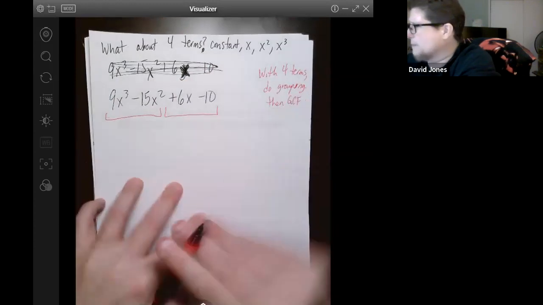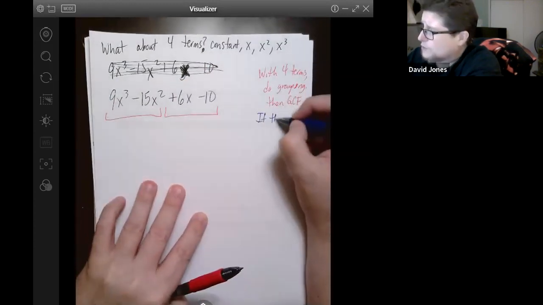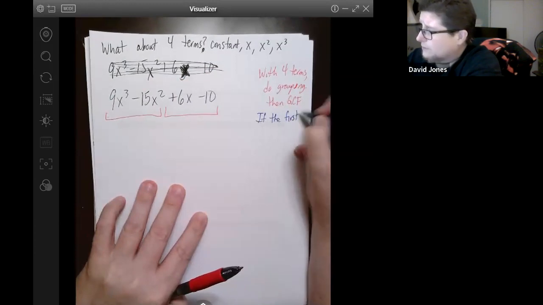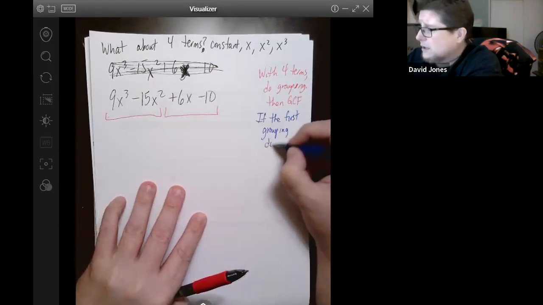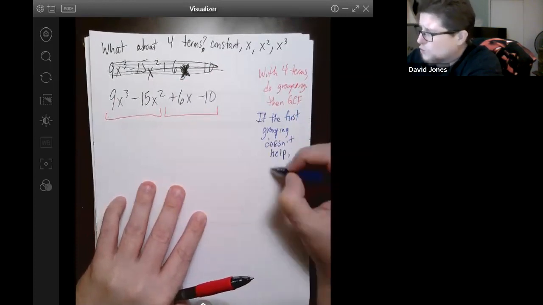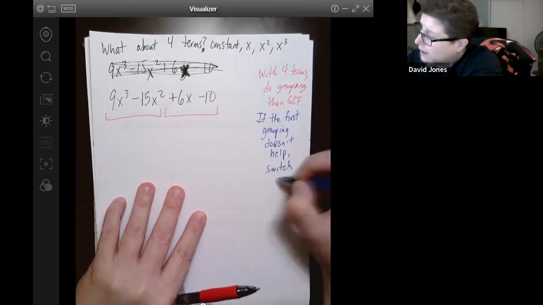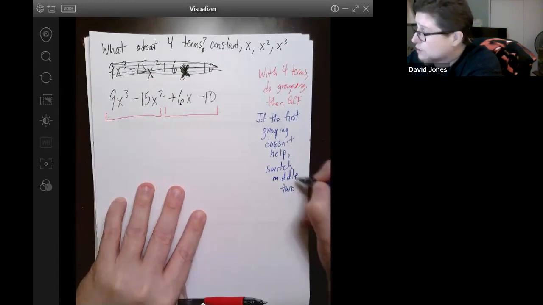And I do want to make a note. If the first grouping doesn't help, switch some things up. Switch middle 2. And I'll show you both scenarios here.